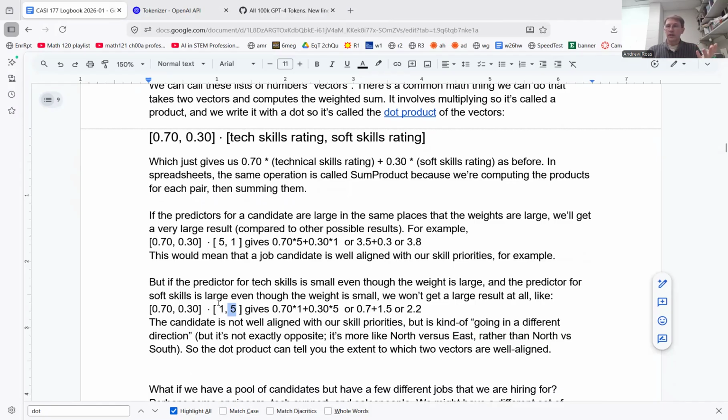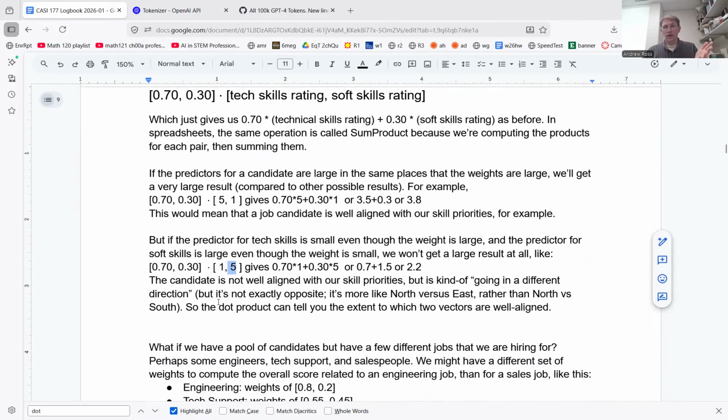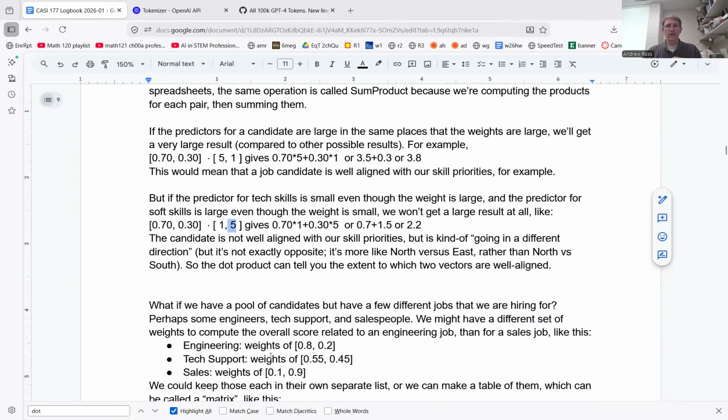What if we have a pool of candidates, but we have a few different jobs that we're hiring for? Maybe some engineers, some tech support, some salespeople, job openings. We might have a different set of weights to compute the overall score related to an engineering job than for a sales job. Like this, engineering would have weights of 0.8, 0.2. Tech support might have weights of 0.55 and 0.45.